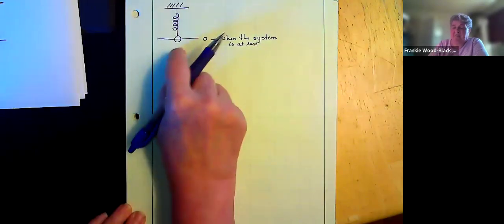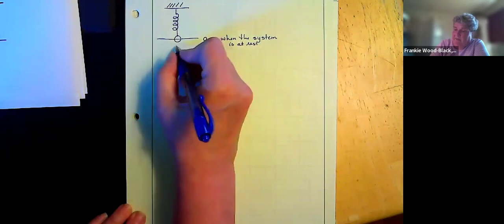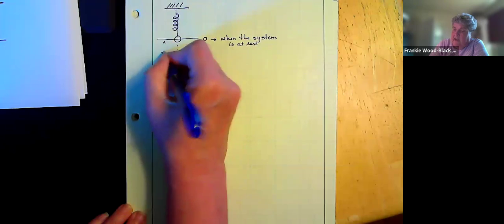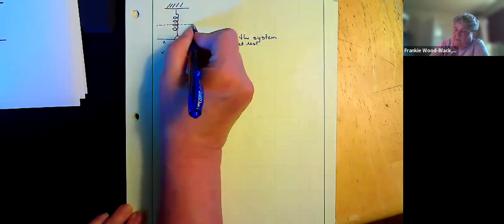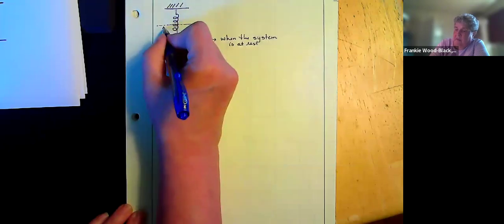Now what's going to happen is we're going to disturb the system. I'm going to pull it down a little bit, and if I pull it down a little bit, it's going to go here. And without friction, this distance here and the distance above that equilibrium point, those two distances are going to be the same.